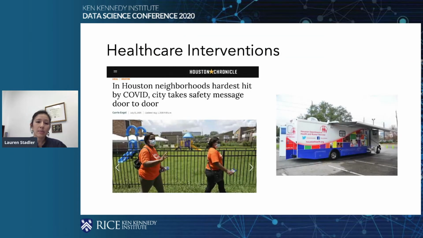Those strike teams consist of people who go door to door and interact with people and educate them about the virus, and identify the nearest testing locations where they can get a COVID-19 test. There are also mobile testing units that are prioritized in a similar way and sent into communities to increase clinical testing penetration in the communities that are being hardest hit.